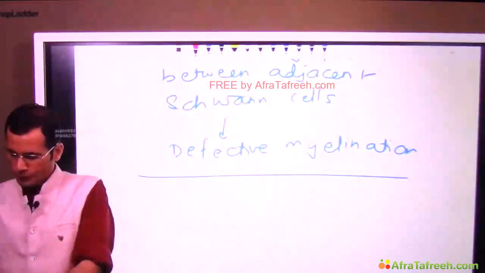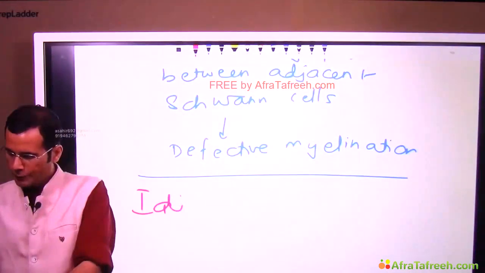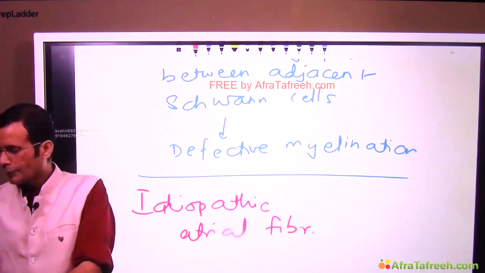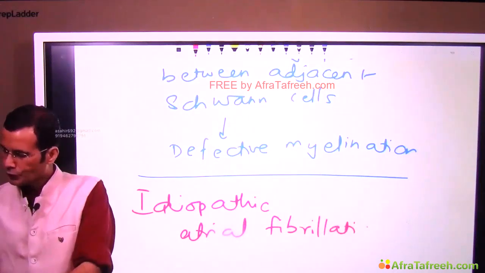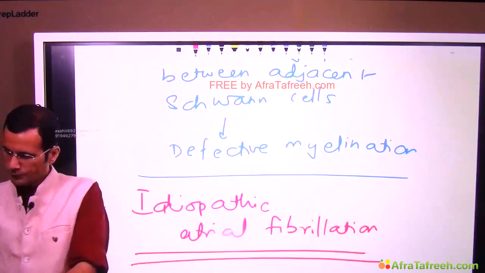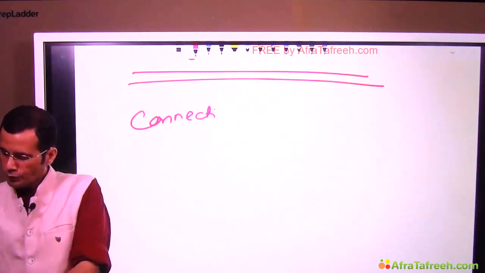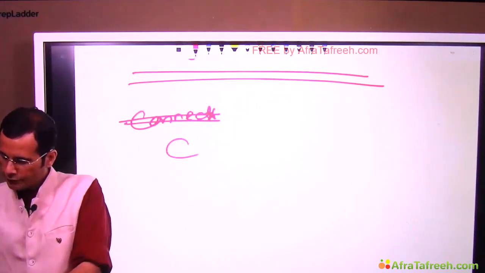One more, idiopathic atrial fibrillation. Another disease due to the defective gap junctions. Well, this results from defective connexin 40.